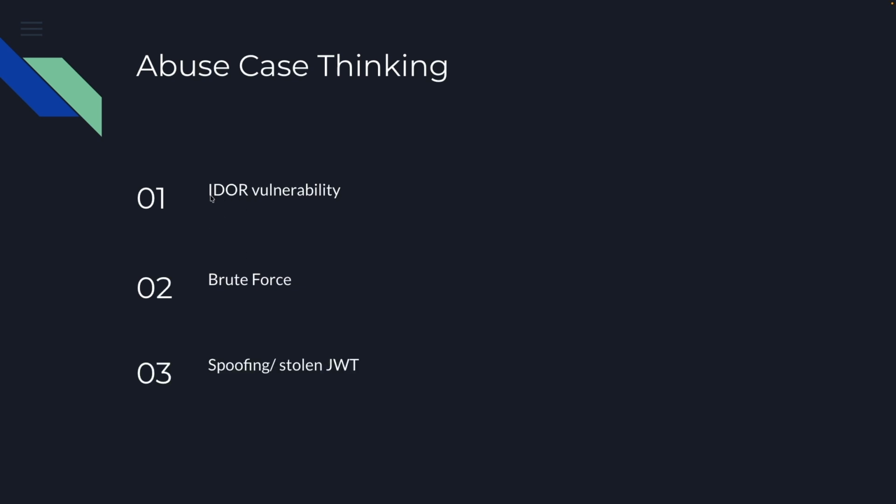For insecure direct object reference, if you haven't watched the videos on my YouTube channel, we have a list called securing React Native apps. You can find examples of how to secure this. Also, we have brute force, which we can basically secure with rate limiting. And we have this one too: how we can modify a JSON web token and how we can make it more secure. We have all of those videos there.